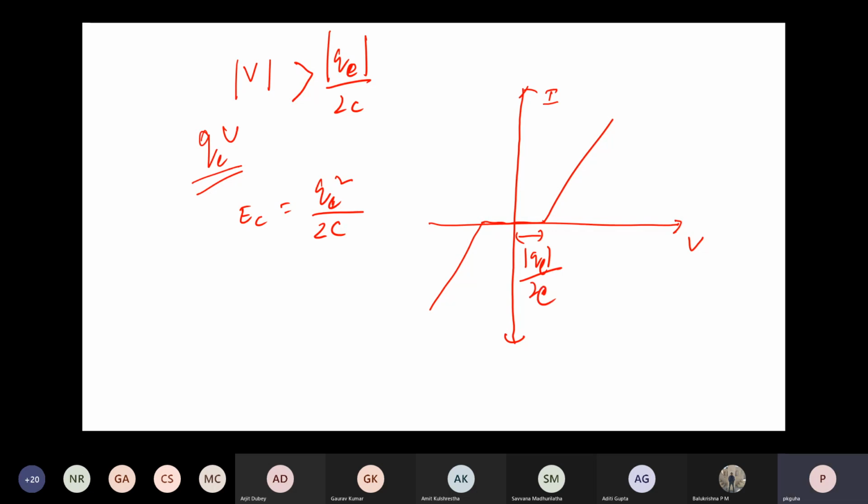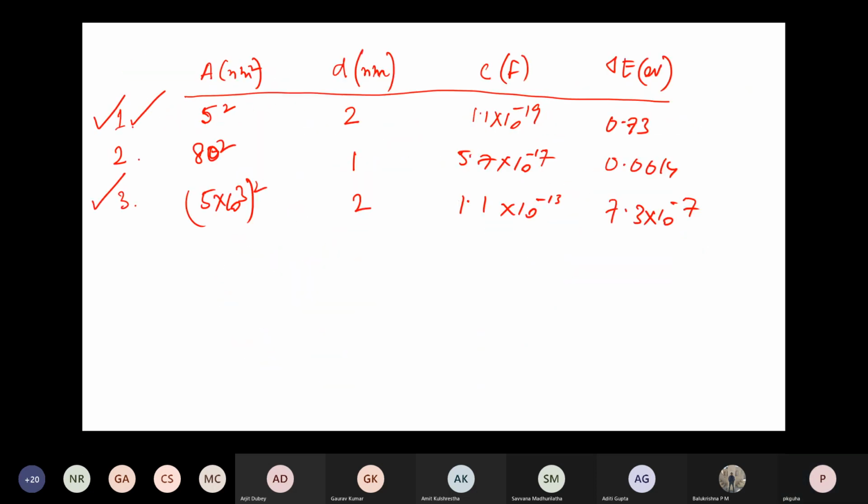Hence Coulomb blockade is not evident if the capacitor is of large size, because the charging energy is very low. As we have seen in the table here, if the capacitor value is comparatively large, we will not be able to get the Coulomb blockade effect because the charging energy is very low. Hence thermal energy.